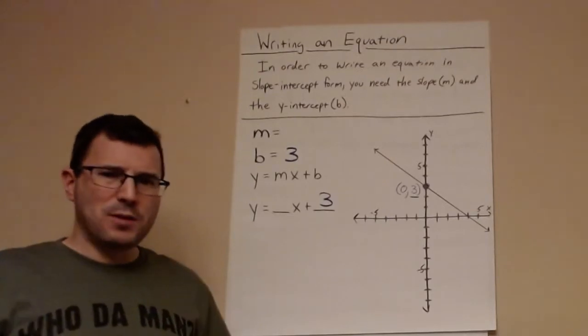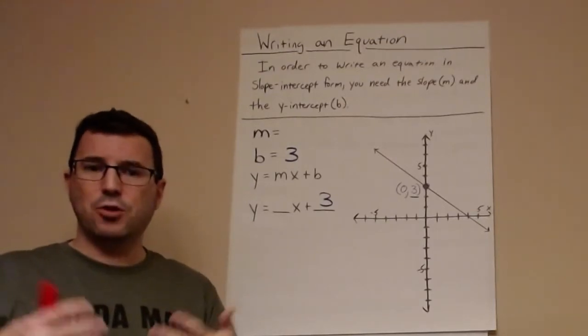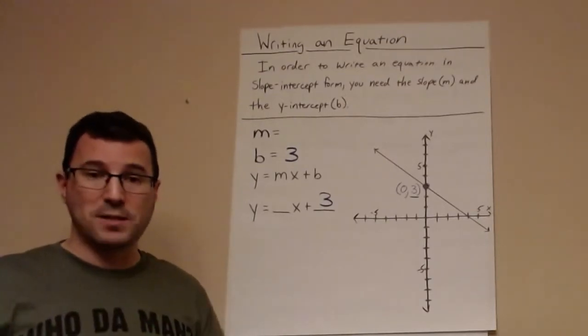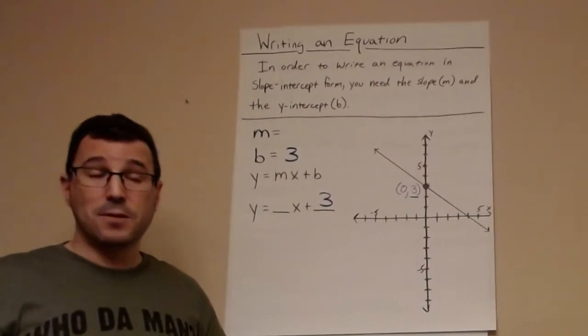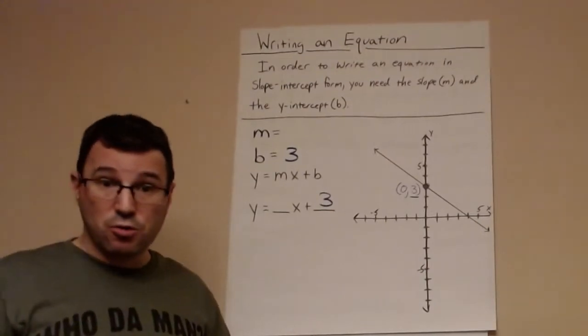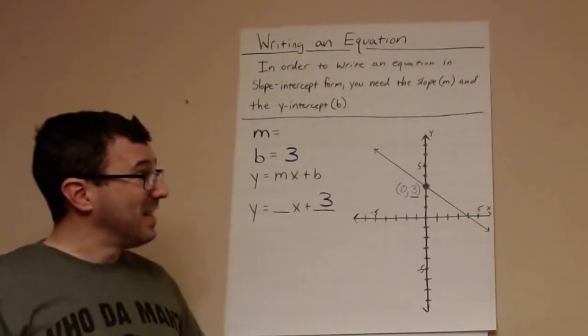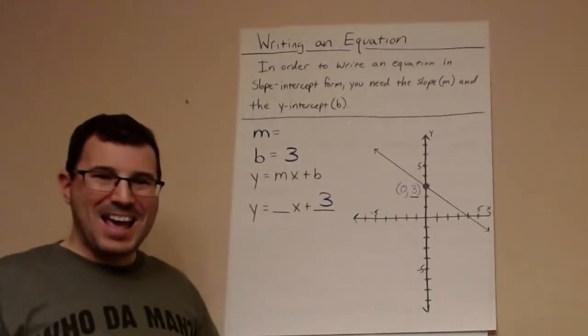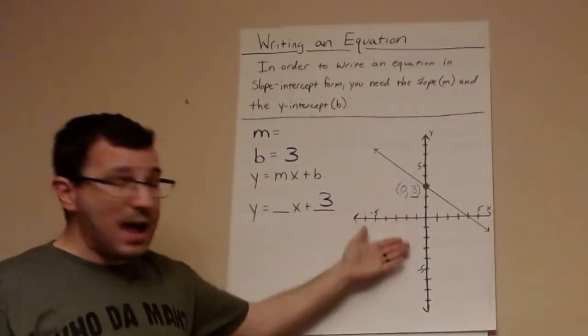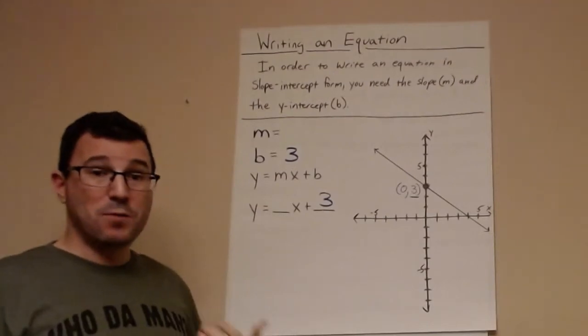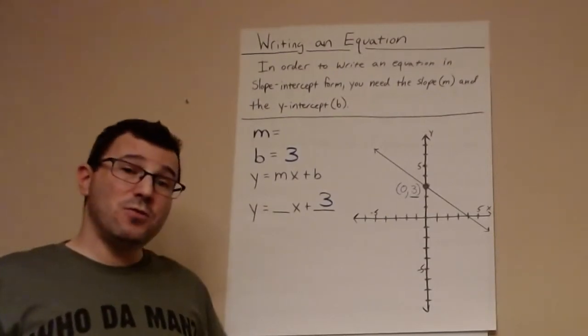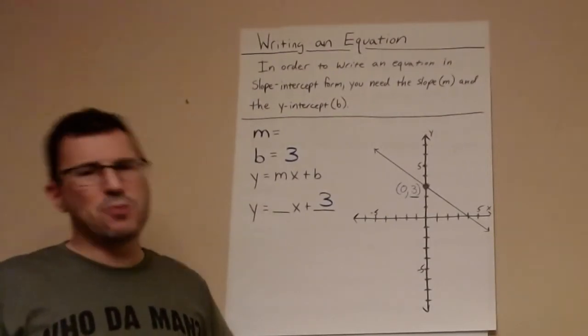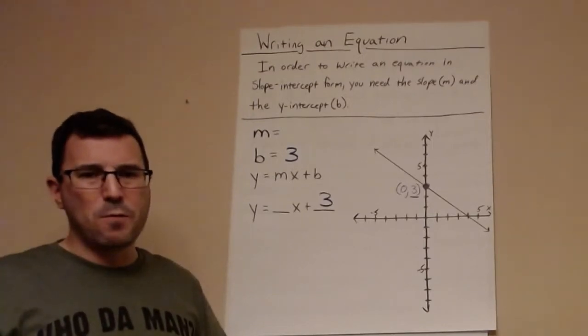I usually tell my students that if you're given two points, but you don't have a graph, then you should do the slope formula. In this case, when I have a graph line in front of me, I'm going to use rise over run, which really is the slope formula, but now I'm just using counting.